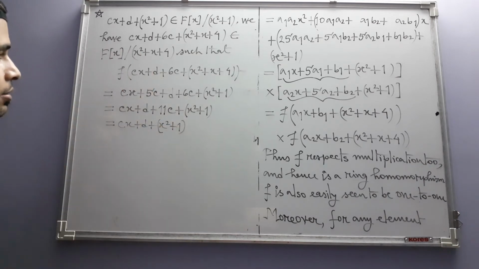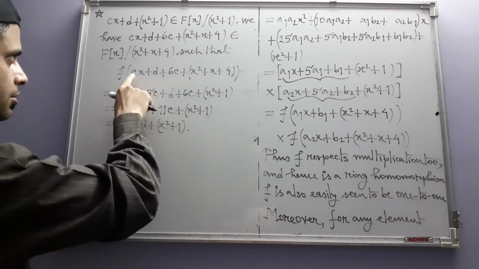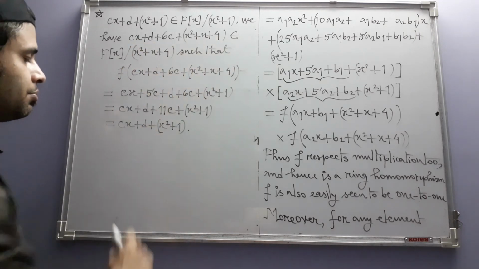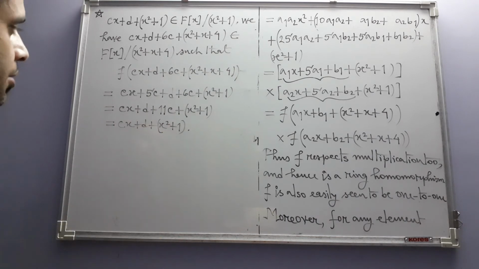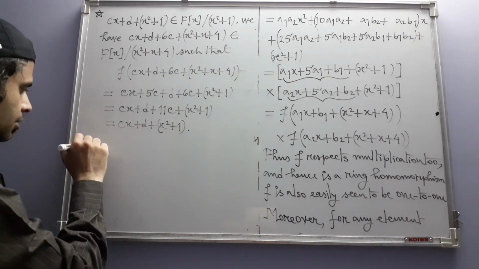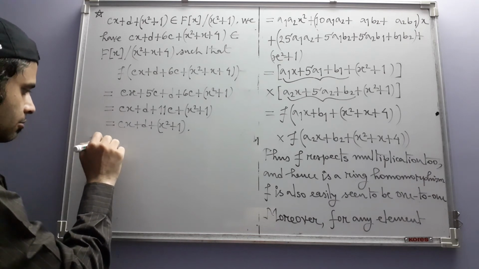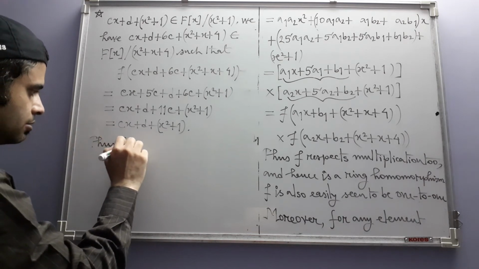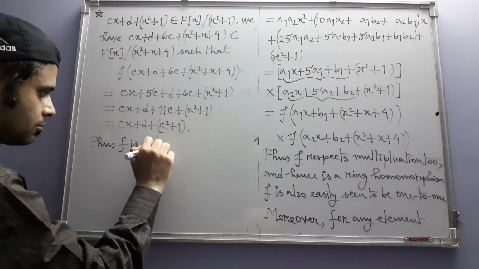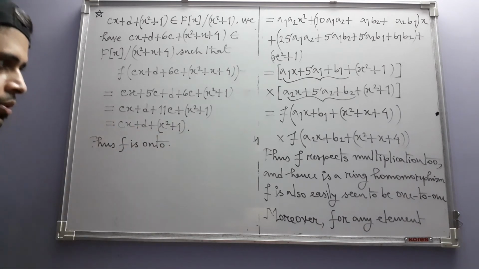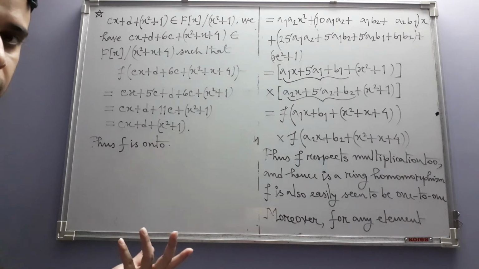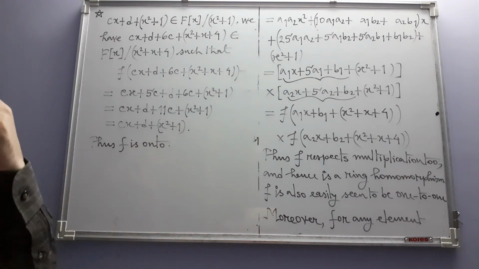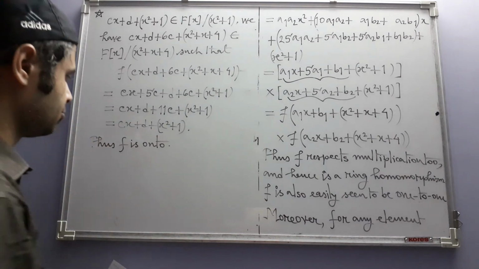So we get the original element back. So this acts as a pre-image of this element, as an inverse image. Thus, F is onto. This shows that F is a bijective homomorphism between the two fields, and hence the two fields are isomorphic.